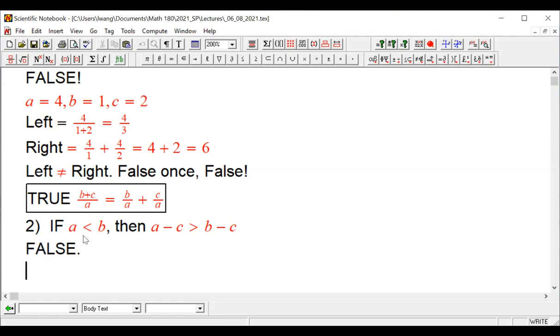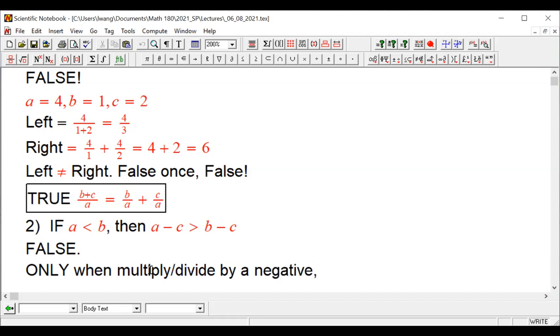Okay. Only when we multiply or divide by a negative number do we switch the inequality sign.